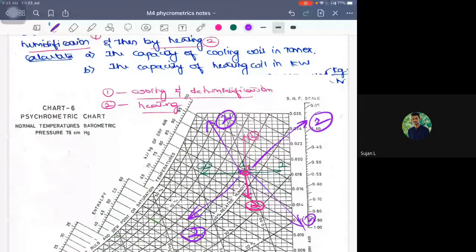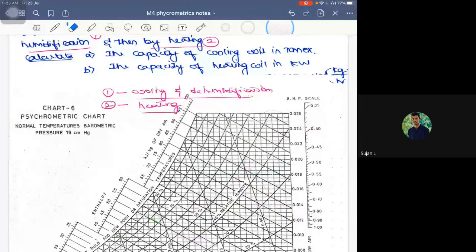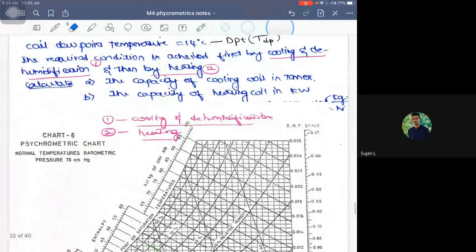Very good. So these are the concepts which are required to solve this problem. Now, in this problem, he says the required indoor conditions are being obtained from the given outdoor conditions using two processes. One is cooling and dehumidification, and then heating.